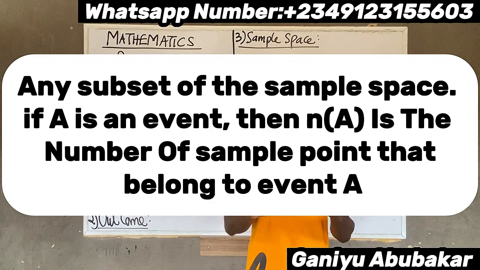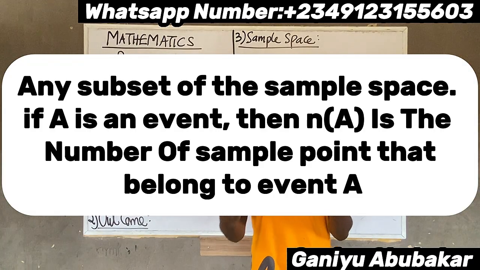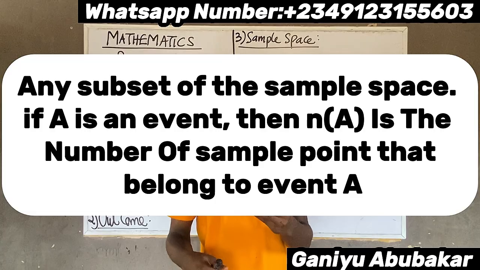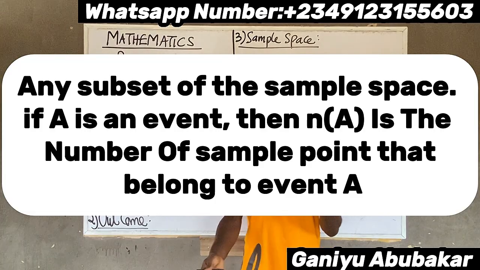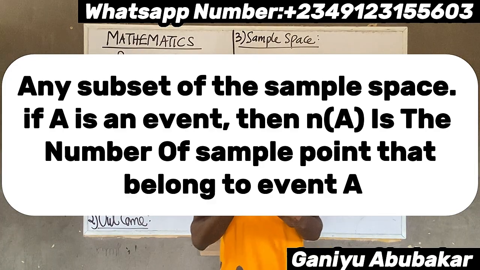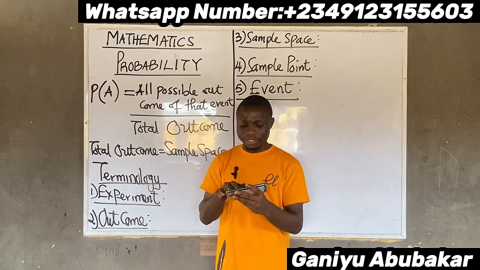I said any subset of the sample space is called an event. If A is an event, then n of A is the number of sample points that belong to event A. That is how you define the concept behind event.